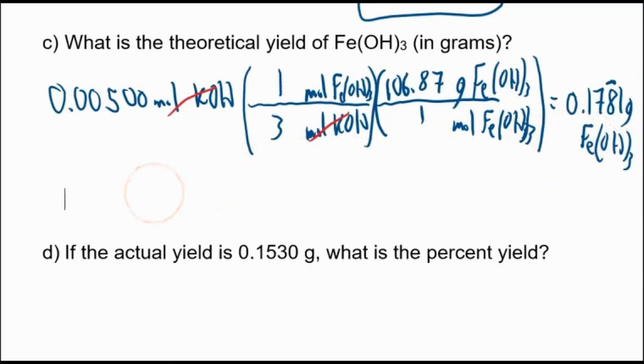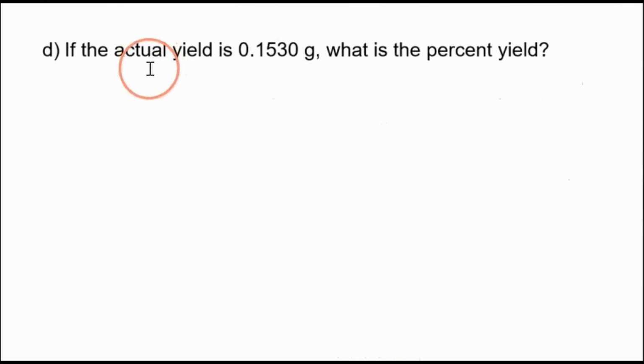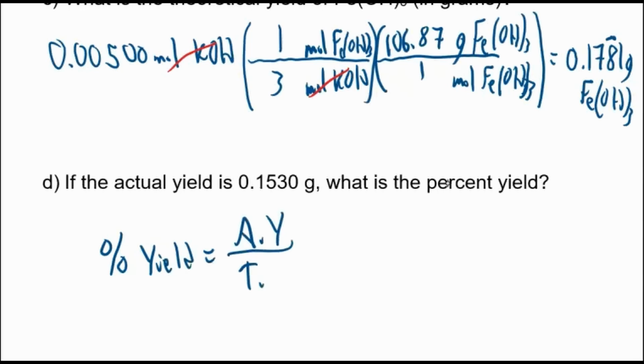Okay, last part of this question, which always comes up in some form. If the actual yield is this many grams, what is the percent yield? So we have our wonderful equation, one equation for all three yields. Percent yield equals actual yield over theoretical yield times 100%.